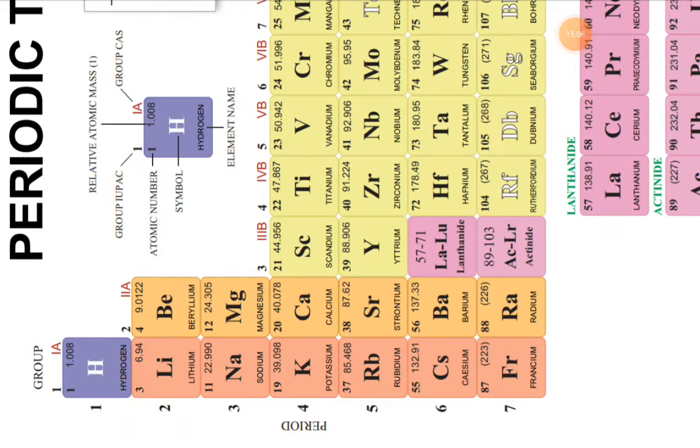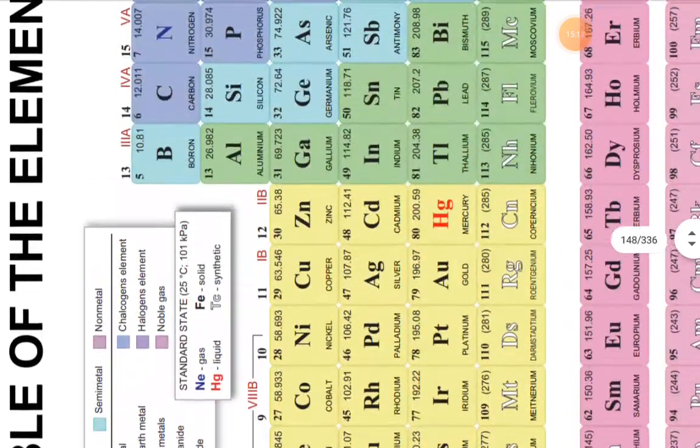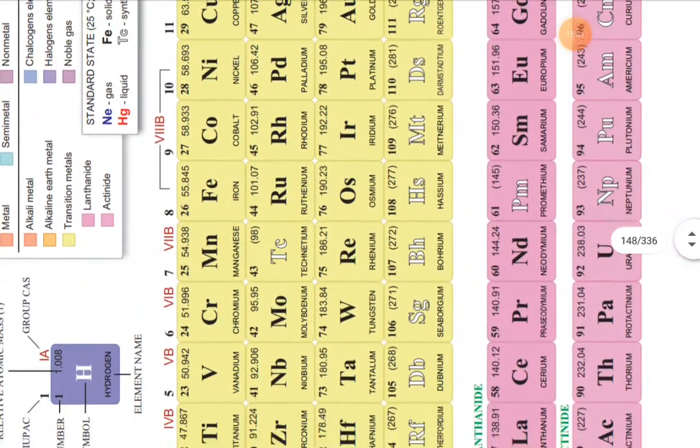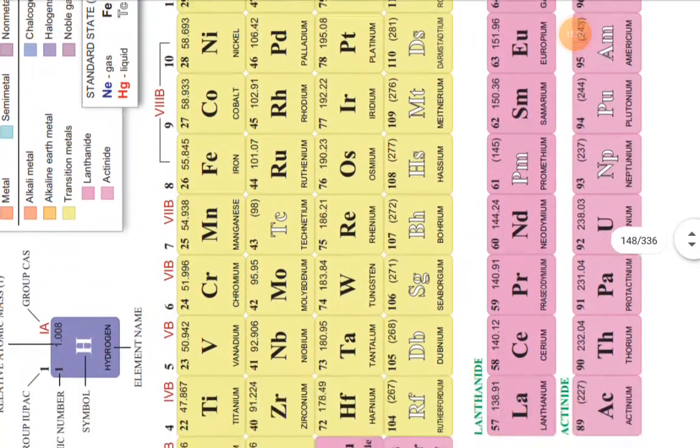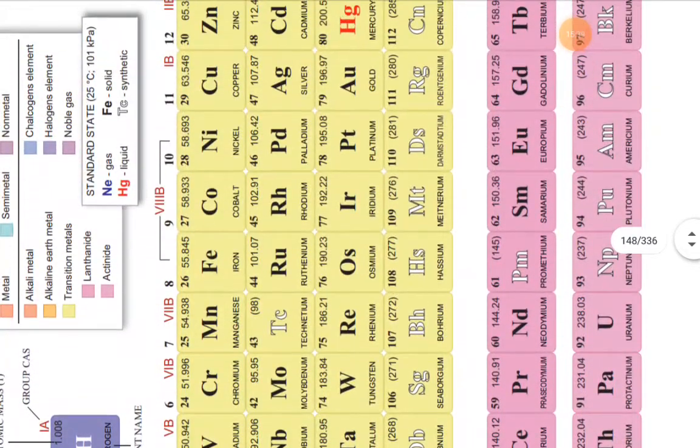Then also 89 to 103, actinium to lawrencium, these 14 elements should also be located there, but mostly these elements are kept below the modern periodic table, because lanthanum to lutetium and actinium to lawrencium, 14 elements each, have similar chemical properties. So these elements are arranged below the long form of the periodic table.